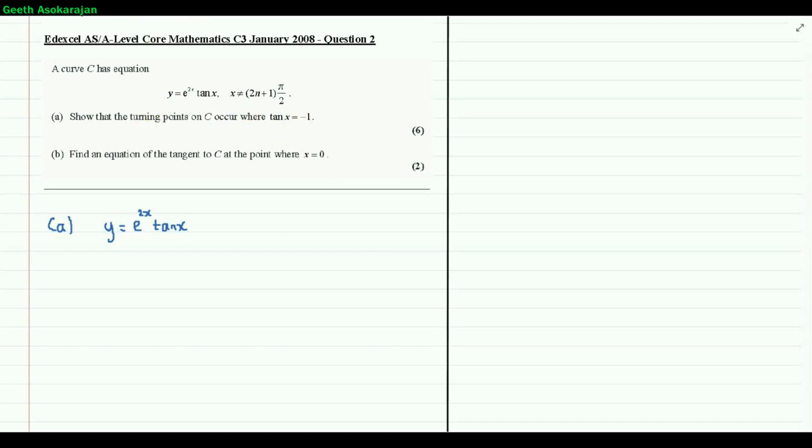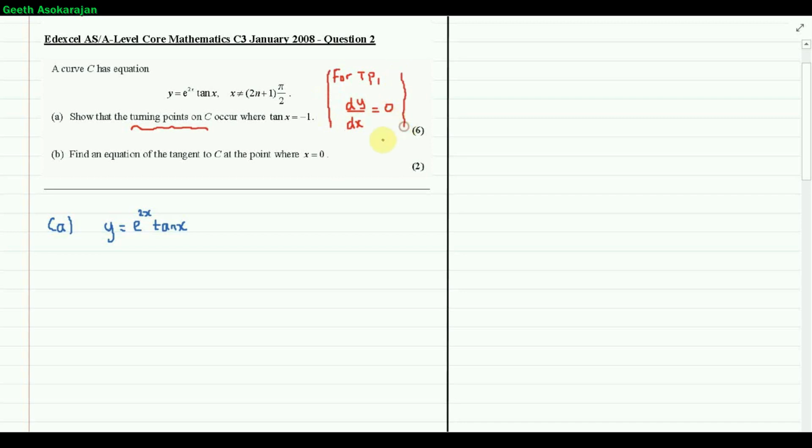If I take my red pen, now remember, for turning points the gradient of the tangent at those points equates to 0. So for turning points, TP denotes turning points, dy over dx, which means the gradient of the tangent at that turning point, is equal to 0.